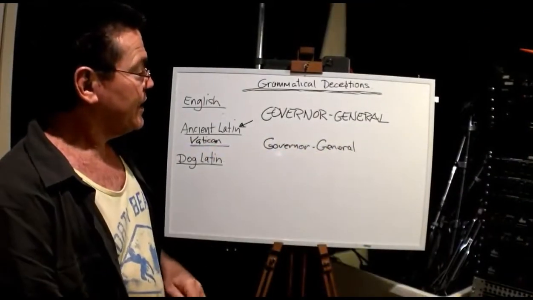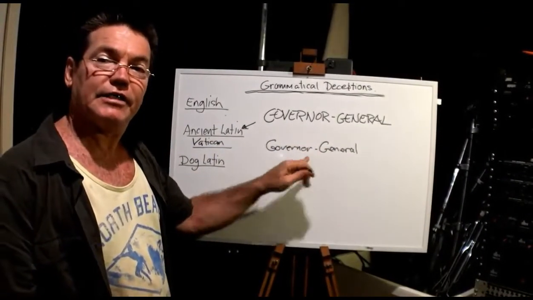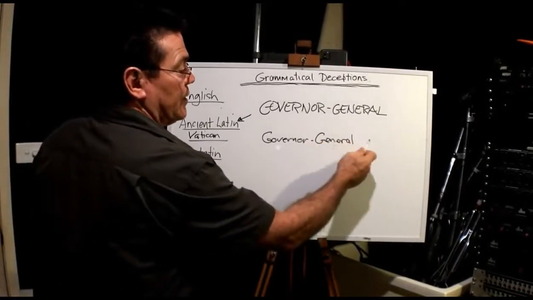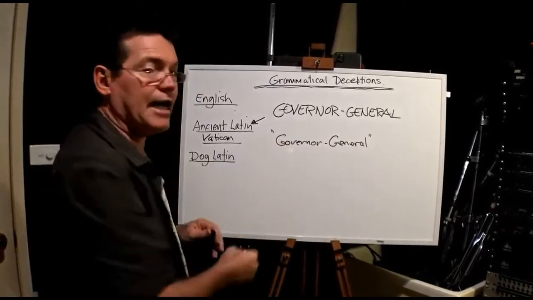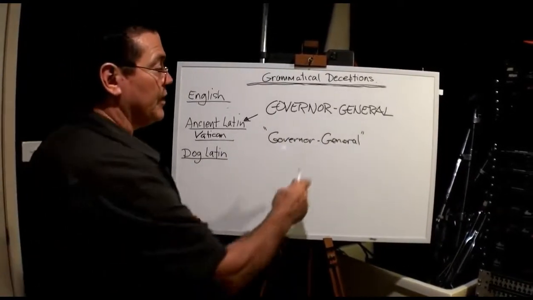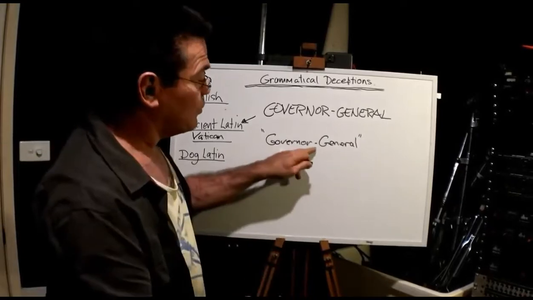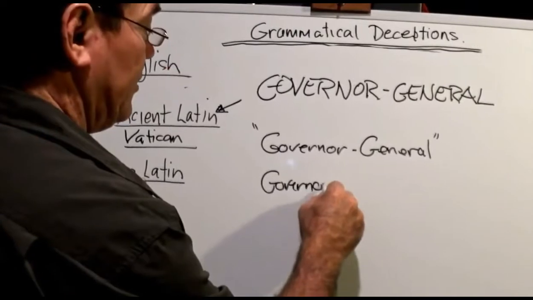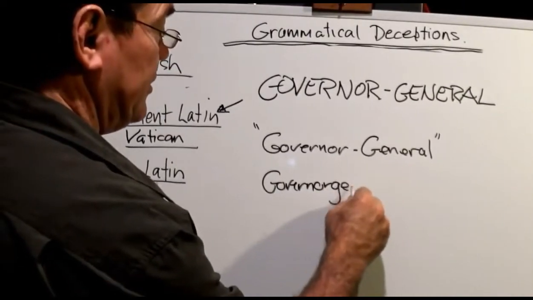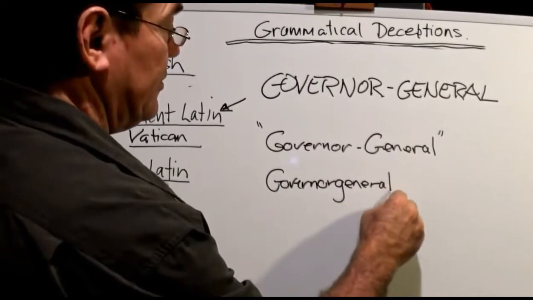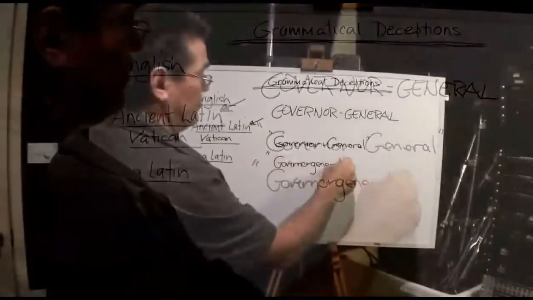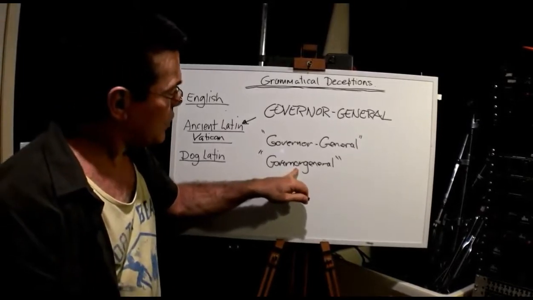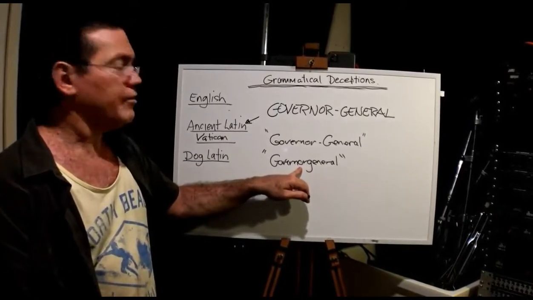Because what that does is destroy the English text, because to make two words appear as one name, as in Governor General, this would translate as this: Governor Grunow.